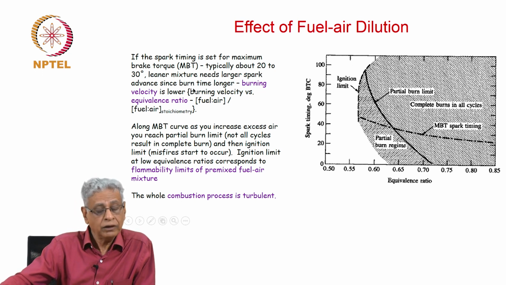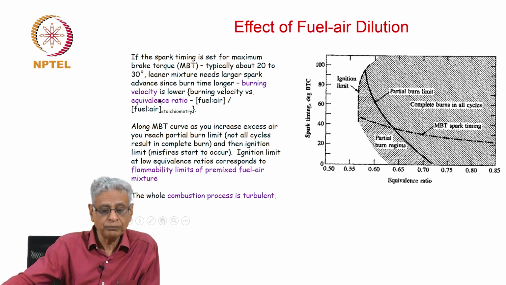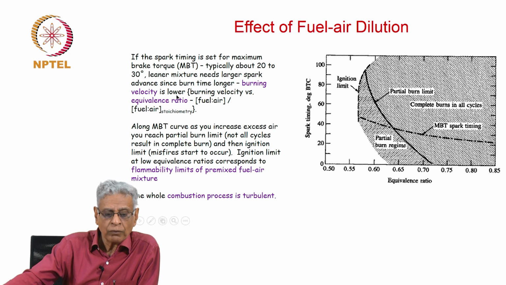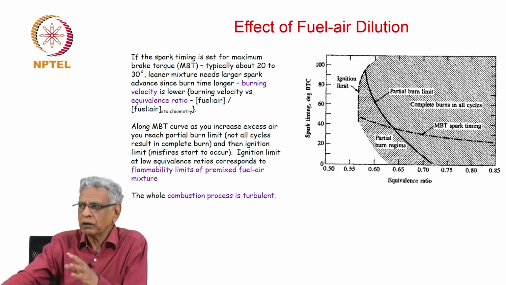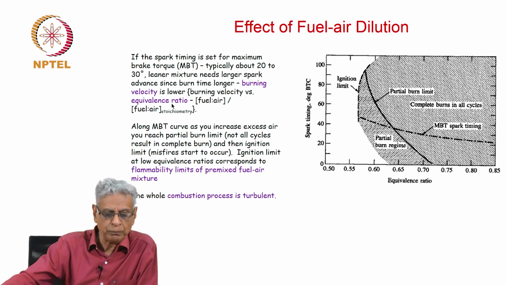So, we have aspects like burning velocity, which must be understood, and this equivalence ratio, which is essentially the fuel air ratio divided by the fuel air ratio at stoichiometry, and sometimes you may see in literature definitions of the inverse, but you can keep track of that.